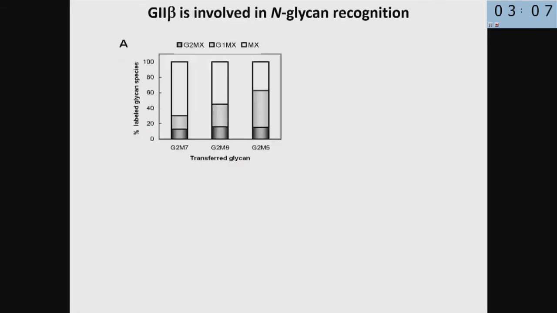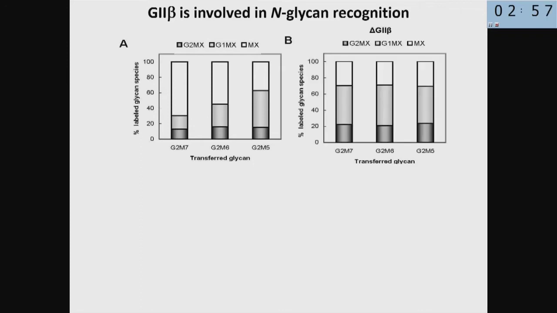Here we see after pulsing yeast cells with C14 glucose, if we transfer glucose 2 minus 7, 6, or 5, after a 15 minute pulse with C14 glucose, we have an increased amount of glucosylated glycans in proteins. This means that as the amount of mannose decreases in the glycans, the activity of glucosidase decreases also.